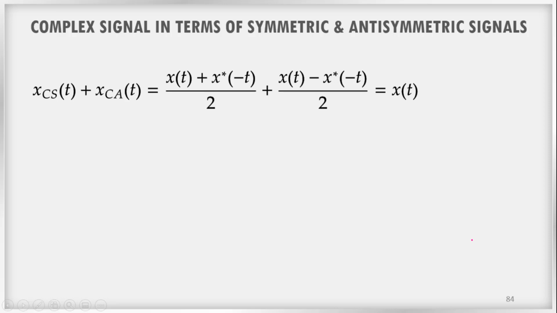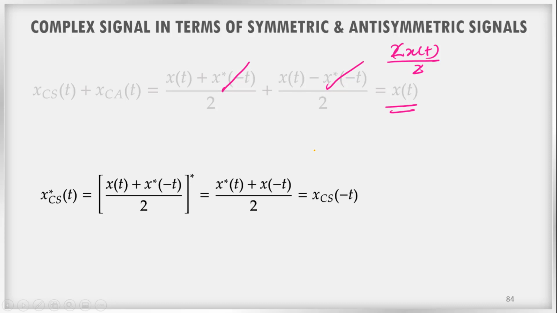Of course the x asterisk of minus t terms will cancel. You will get 2x of t divided by 2, that is equal to x of t. So there is no problem in that. When we add these two signals, we get the signal x of t.